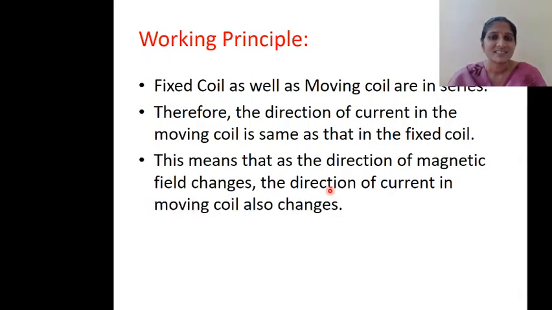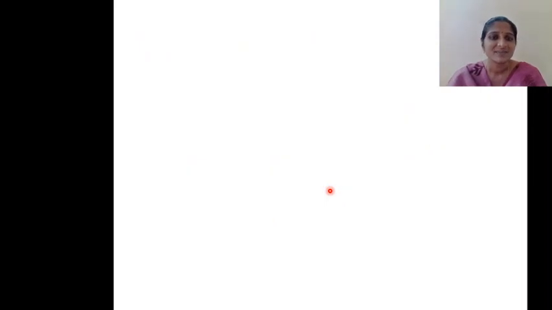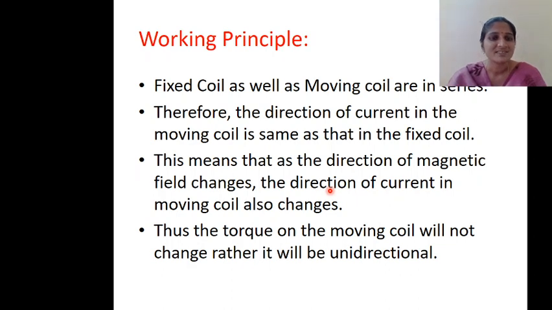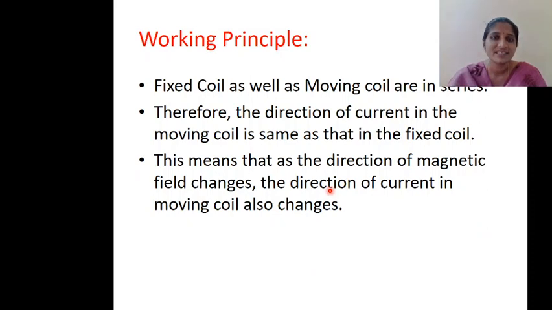So the direction of magnetic field changes, and the direction of current in the moving coil also changes. That means there is a unique torque. The torque on the moving coil will not change, rather it will be unidirectional only. Okay, so this is about the electrodynamometer type instrument.